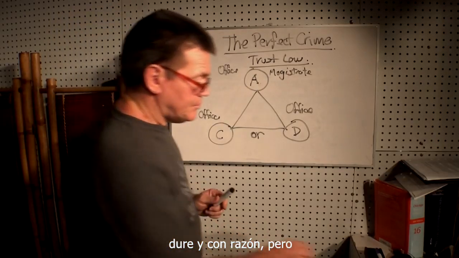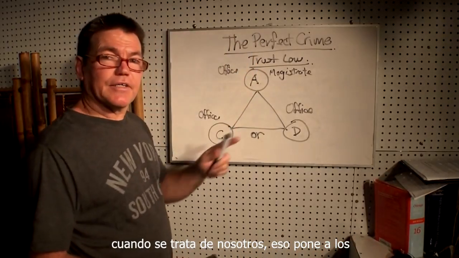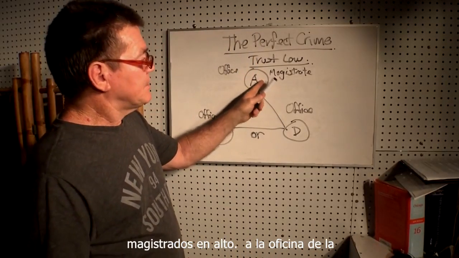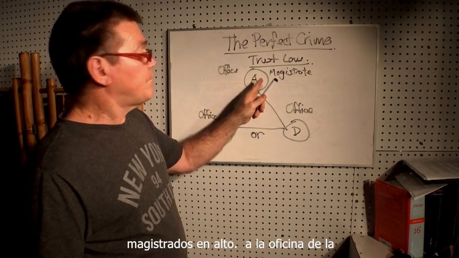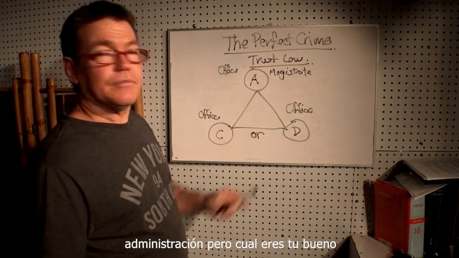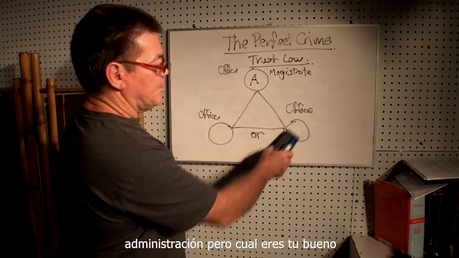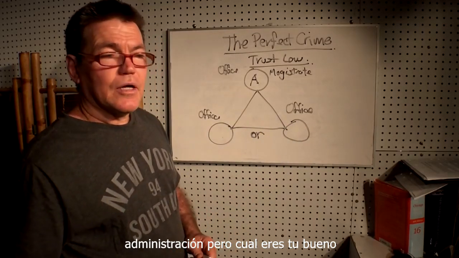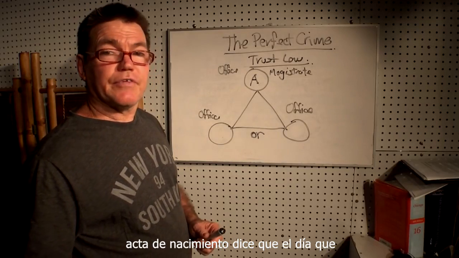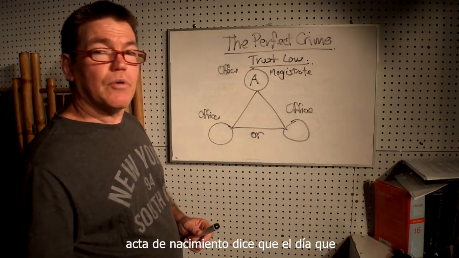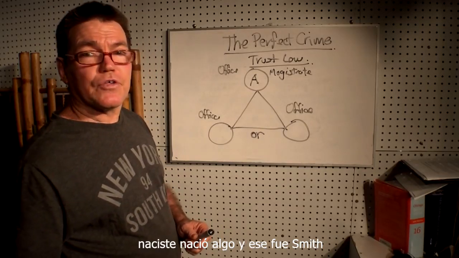But when it comes to us, so that puts the magistrates up into the office of the administration. But what one are you? Well, if you have a look on your birth certificate, it says on the day you were born, something was birthed.